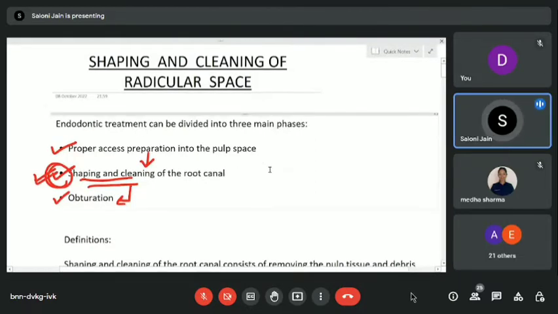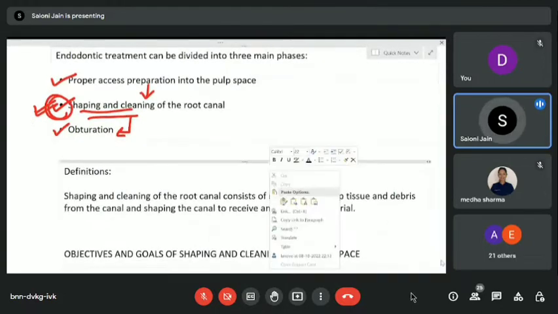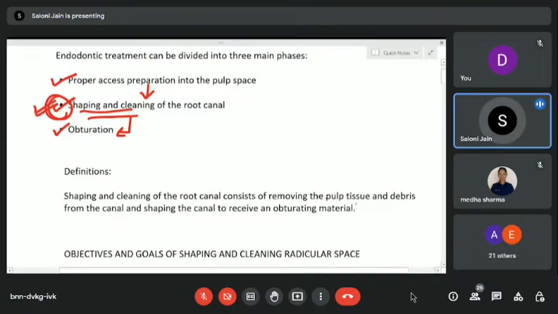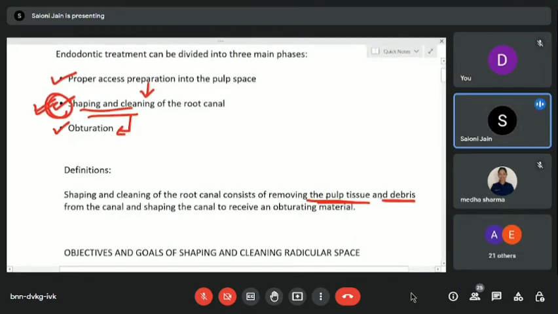Now, as the name itself suggests, you're shaping something and you're cleaning something. Unless you clean that thing, you can't shape that thing. So shaping and cleaning of a root canal system consists of removing the pulp tissue and the debris from the pulp chamber or the root canal space. Basically, in a root canal space, what you have is pulp tissue and debris, which causes the inflammation and the infection.